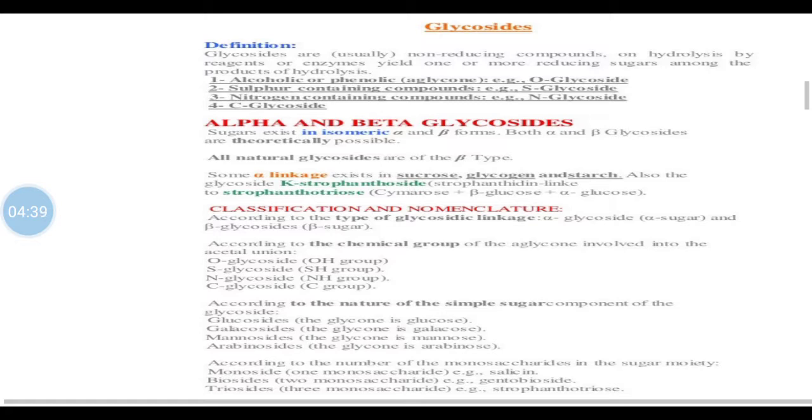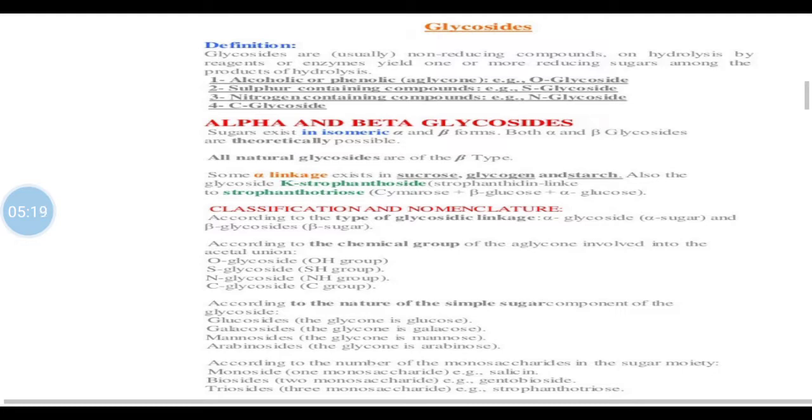Also glycosides like strophantoside, which is present in Strophanthus. This strophantidine is linked to strophanthotriose, or it is also called cymarose, which is beta glucose and alpha glucose.